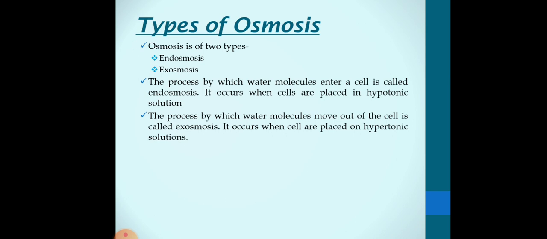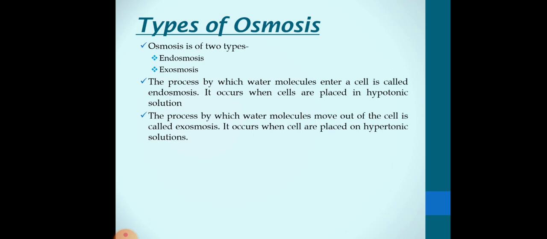Okay, so that means there is endosmosis going on, whereas the process by which water molecules move out of the cell is called exosmosis. That means here the water molecules are leaving the cell. Okay, and it occurs when cells are placed in hypertonic solution.